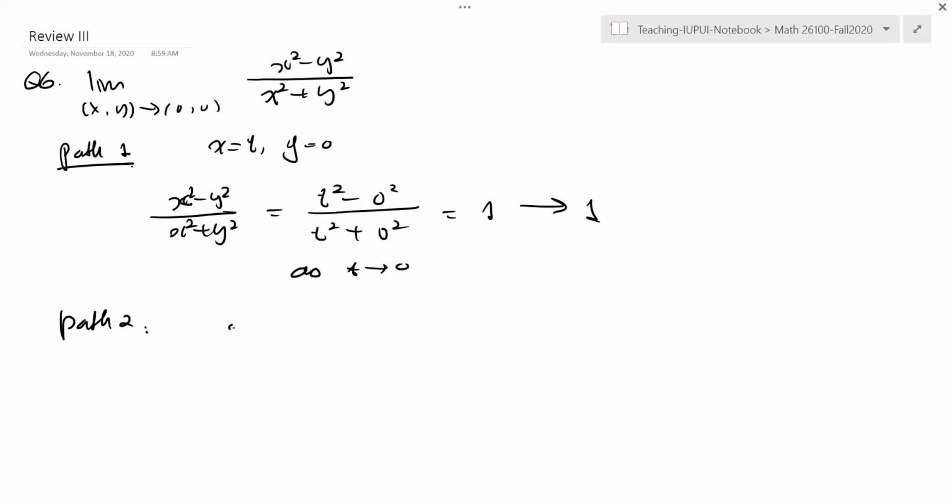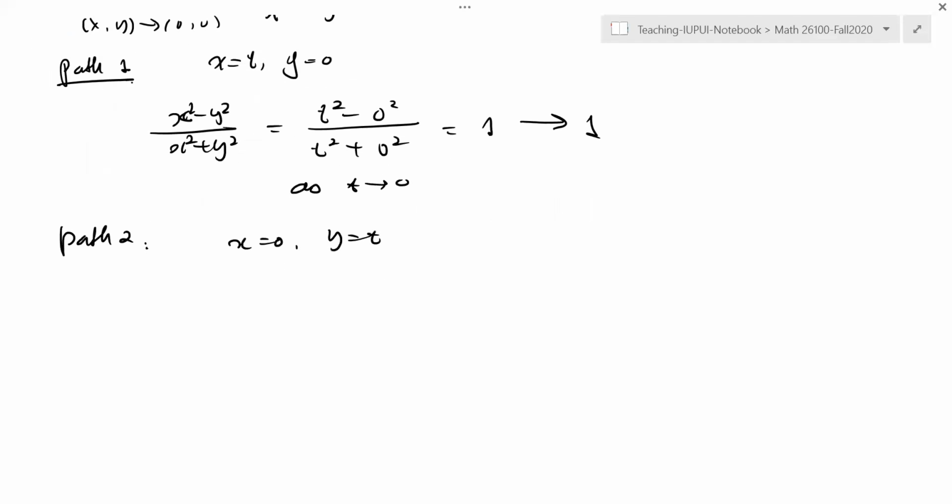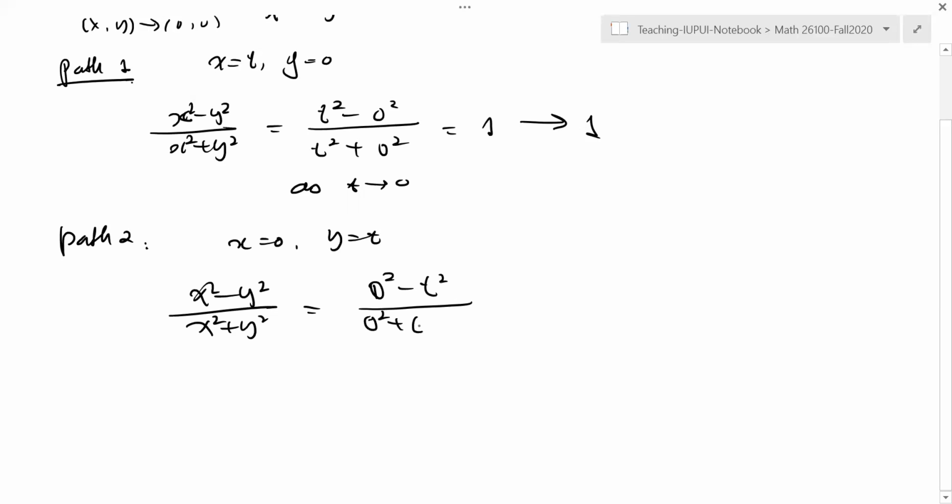Second path, x equals 0, y equals t. Then (x squared minus y squared) over (x squared plus y squared) is 0 squared minus t squared over 0 squared plus t squared. This is always equal to -1, so it approaches -1 as t approaches 0.